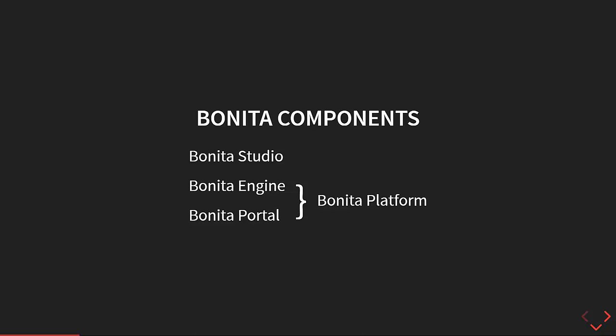This is a web-based user interface. So you have a portal, you can connect, you can see the tasks that are pending, perform some tasks, view some reports and so on. Bonita portal is also used for administration tasks, and I will get into more detail on that later on.